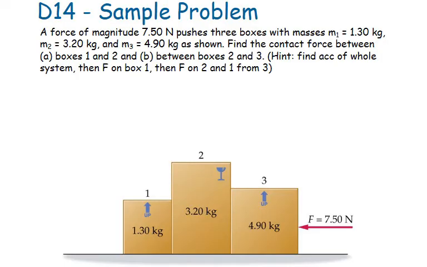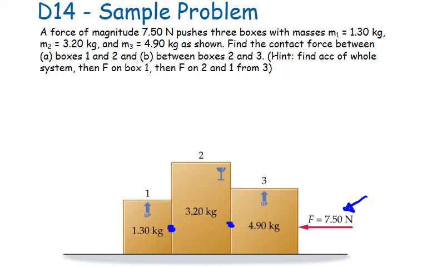Okay, next we're going to take a look at a situation where we have three boxes, and we want to determine how much force is felt between these two boxes and how much force is felt between these two boxes. And we know that overall force is this, and what we're going to do is try to figure out how much it feels here and how much it feels here.